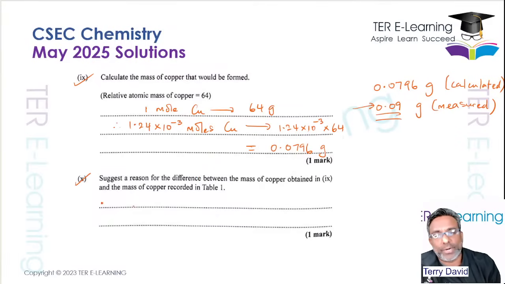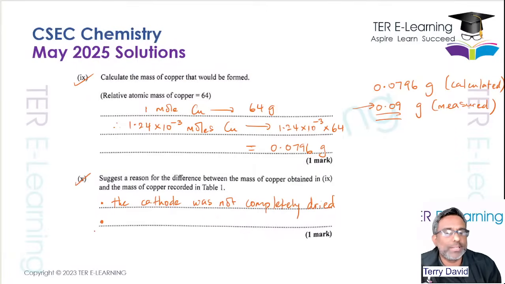So one, the cathode was not completely dried. That's one obvious answer. That's one possibility. The other thing is that we know it's a copper 2 sulfate solution, but if there are any impurities in that copper 2 sulfate, you may have other ions forming on the cathode.